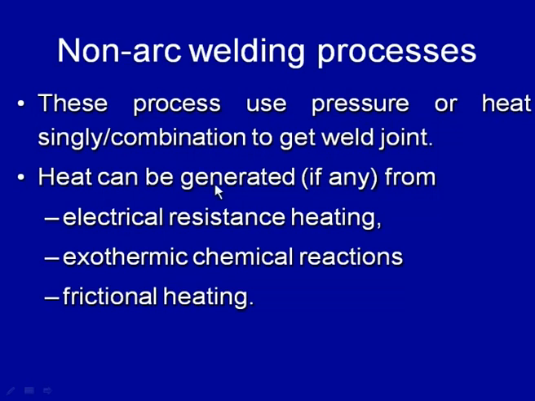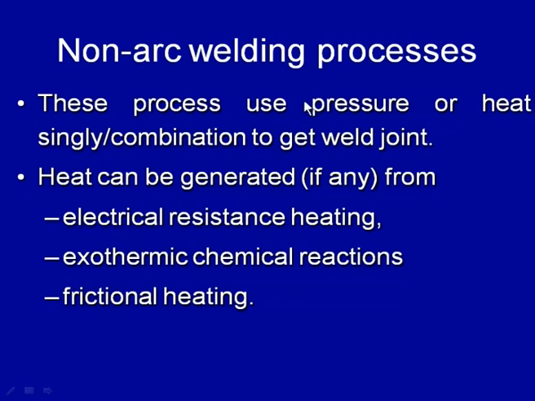Heat in these non-arc based welding processes, if it is used, can be generated using the electrical resistance heating principle or using the exothermic chemical reactions or frictional heat. These are the three ways through which heat can be generated in the non-arc welding based processes.